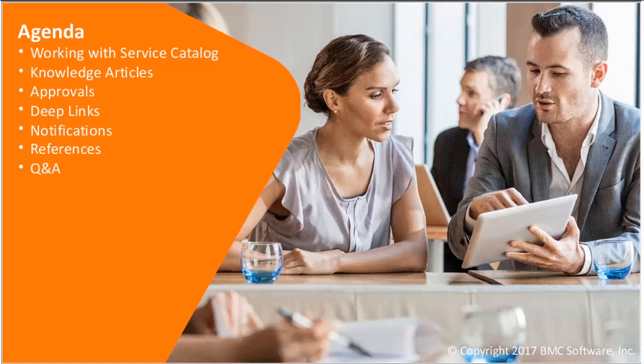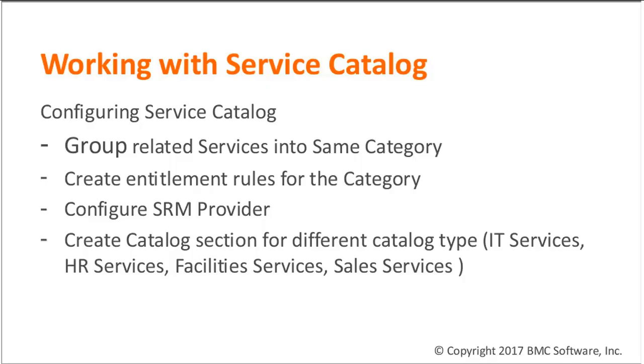So the first one is how you can configure the service catalog and some of the best practices that you need to keep in mind. The first one is to group related services into categories. This is on the SRM side. When you create SRDs and categories, make sure the SRDs are grouped into the right category.